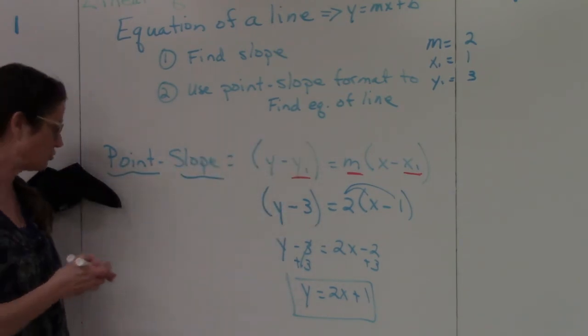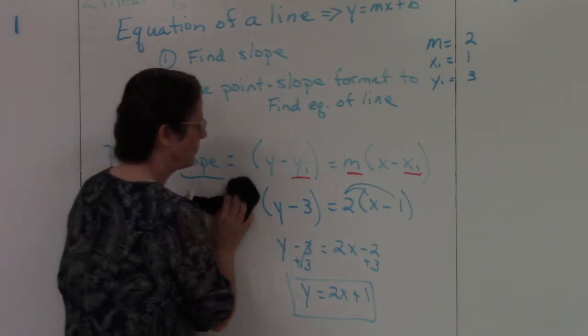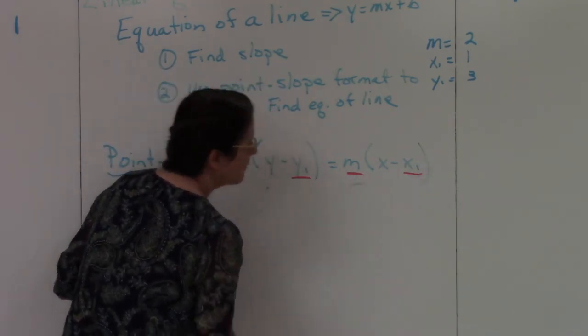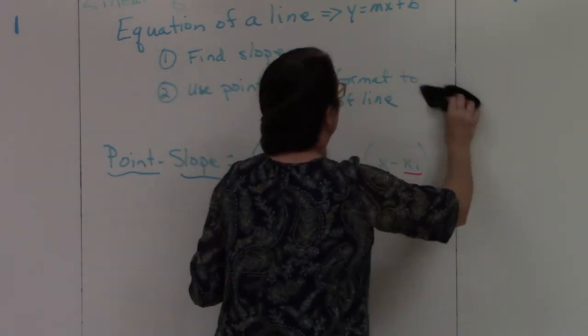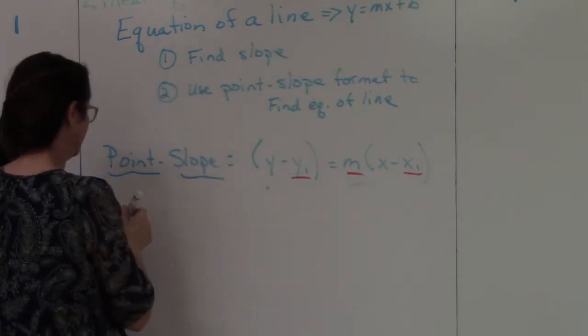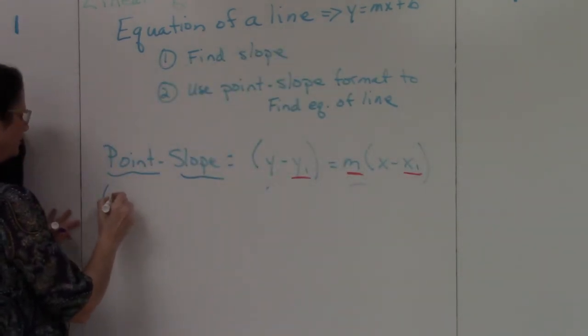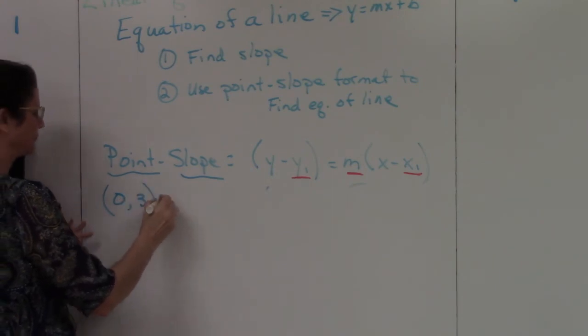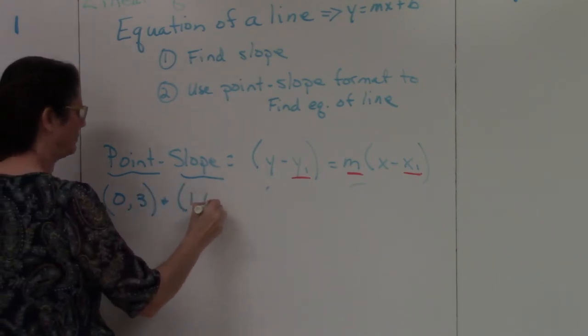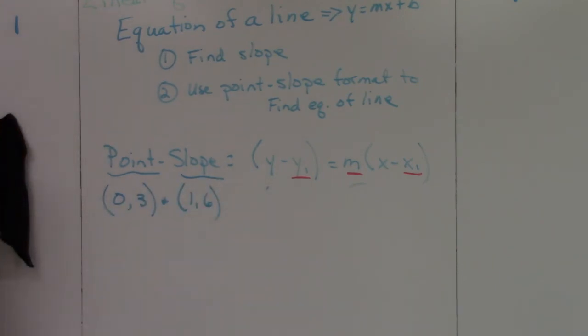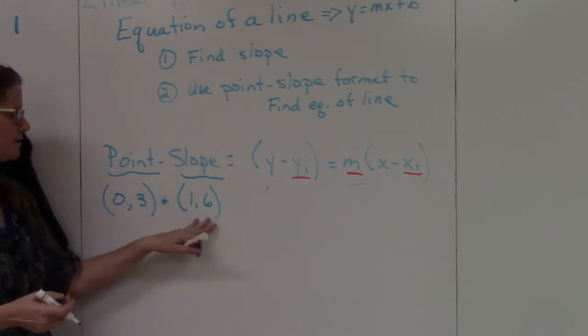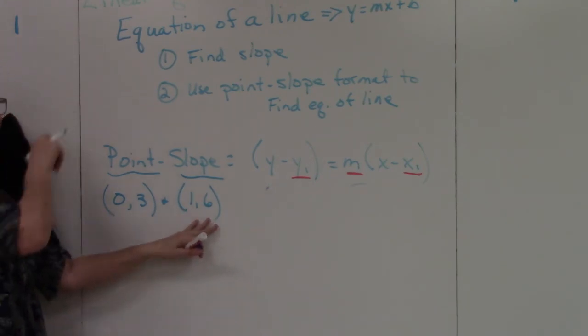Okay, let's try one more. All right, so here's our 2 points. There's our 2 points, okay? 0, 3, 1, and 6. So first things first, I need to find the slope.